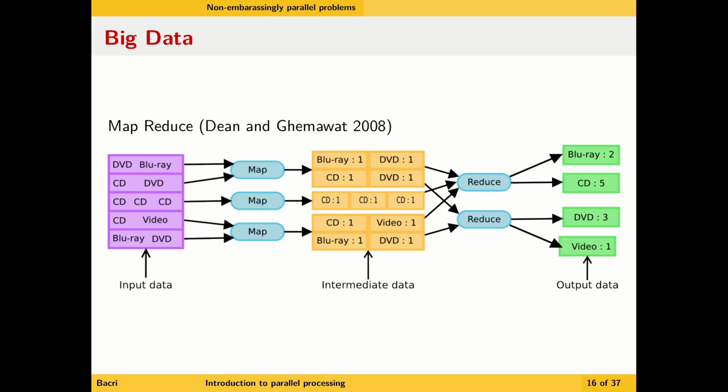Then each of those counts is sent to reducers, which aggregate all the inputs that they take and just run a simple sum here. Then from each of those, the first one would maybe say that Blu-ray appears twice in what it has seen, CD appears 5 times, and then there should be a step missing here to reduce everything again because reducers would have some overlap.